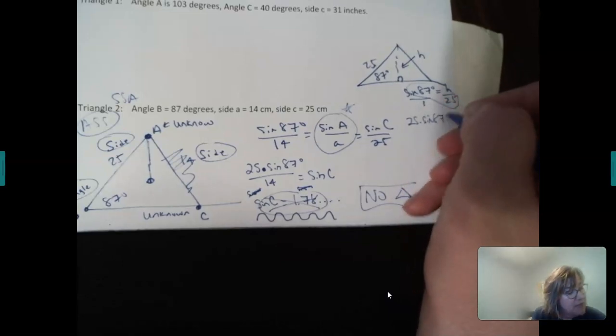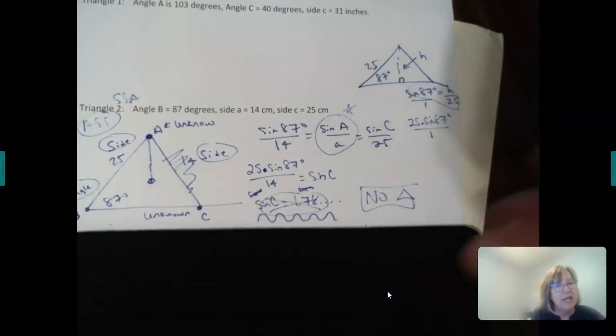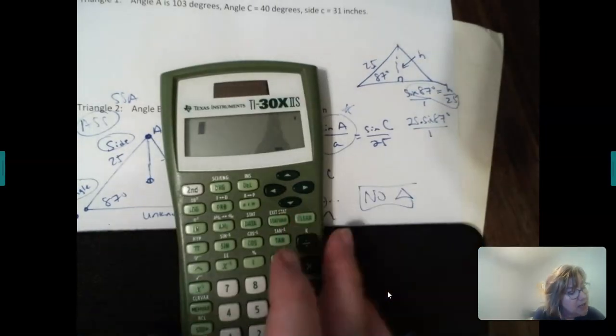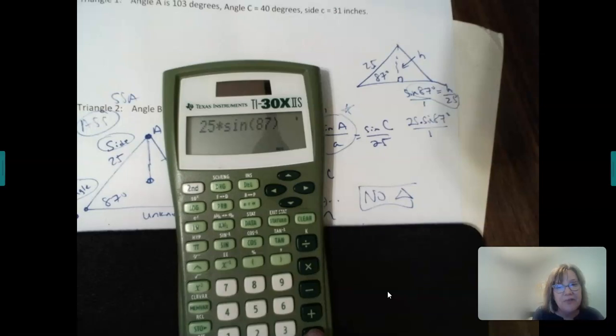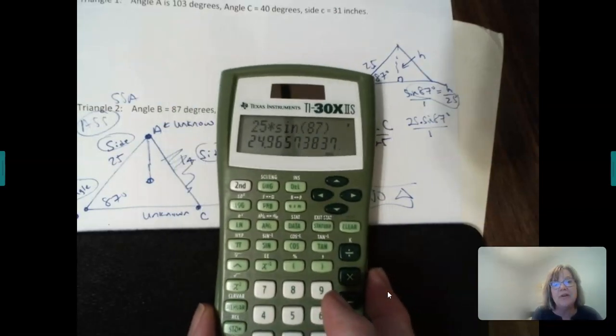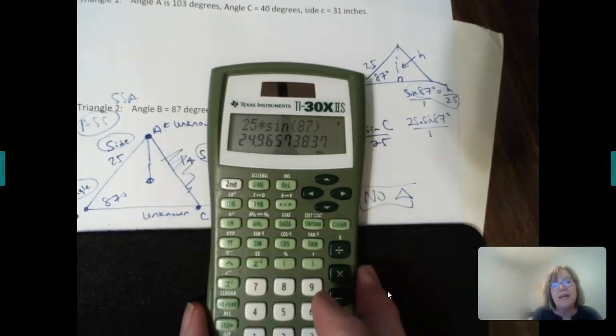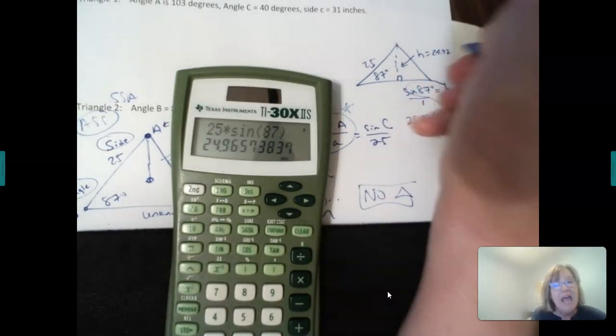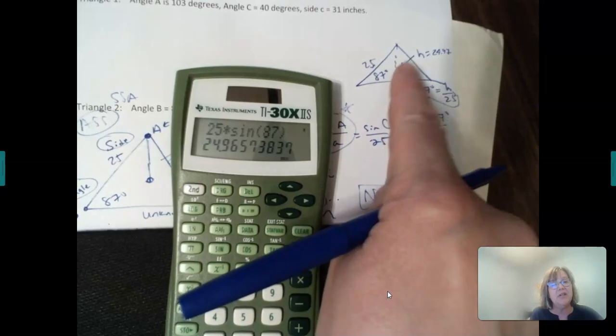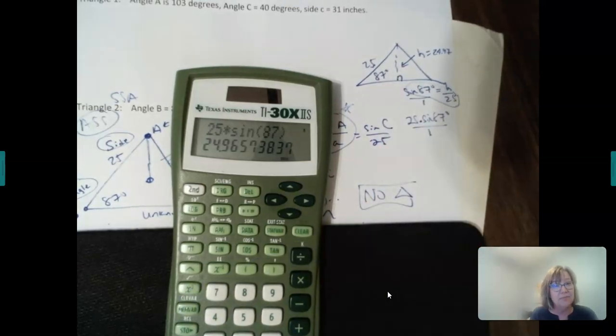So obviously that does not do anything. So we're going to take 25, and this is telling you the minimum distance for that side. 24.97.